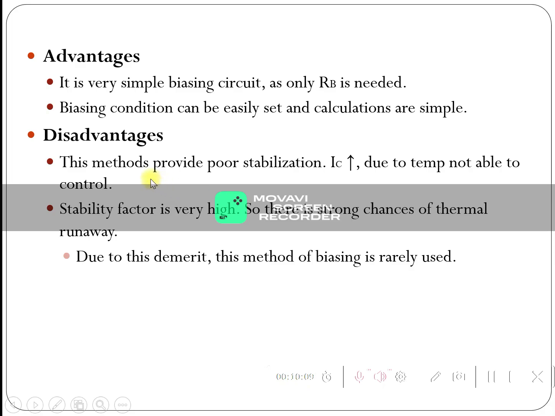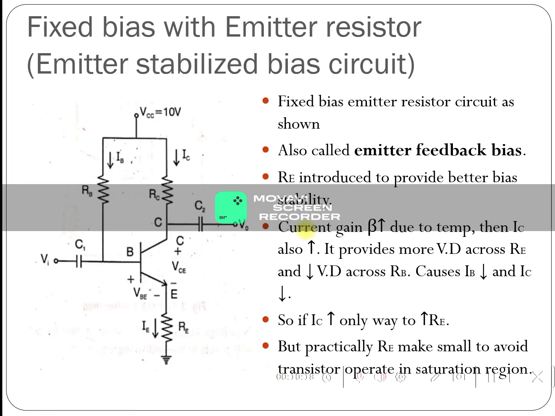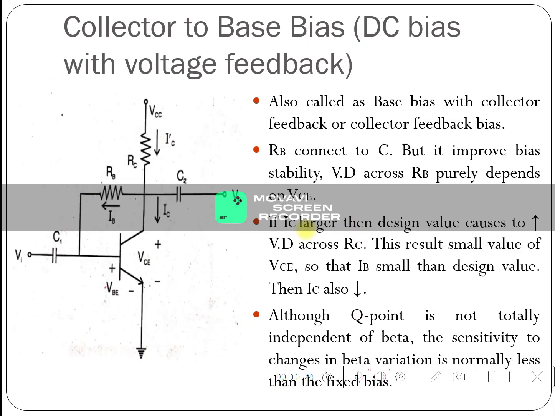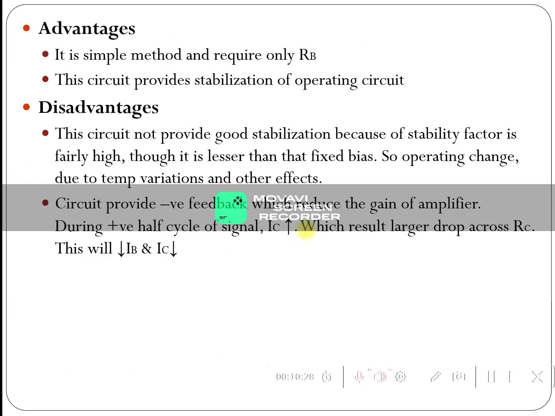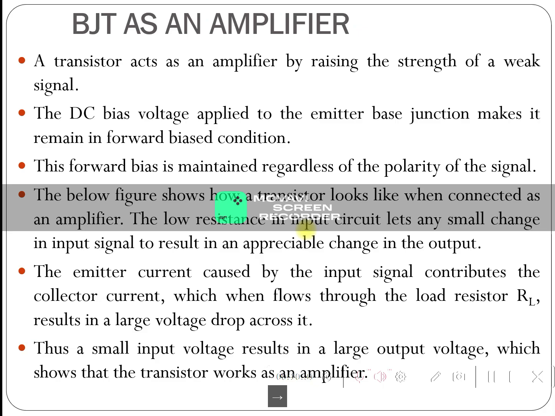Disadvantages: this method provides poor stabilization. The stability factor is very high. Fixed bias with emitter resistor, the emitter stabilized bias circuit. Collector to base bias circuit, and then its advantages and disadvantages.